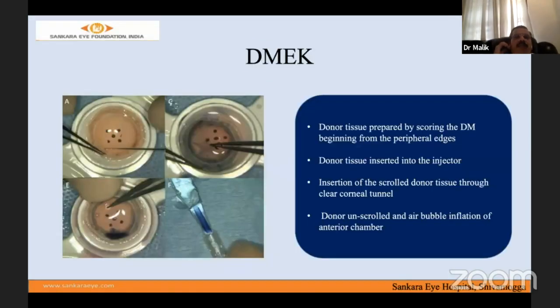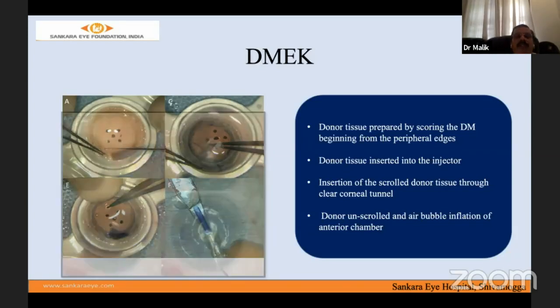So in DMEK, we take out only the Descemet membrane. There are two parts in the DMEK surgery, where first you prepare the DMEK graft by just peeling. It is something called the SCUBA technique and double trepanation technique, where you scroll the 360-degree Descemet membrane and slowly peel it off and prepare the lenticule, the Descemet membrane scroll, and you store it in the BSS.